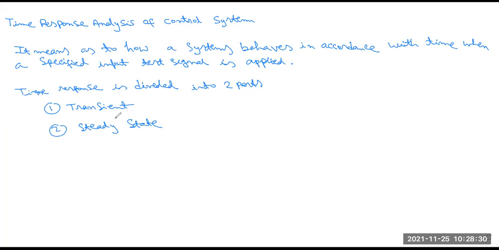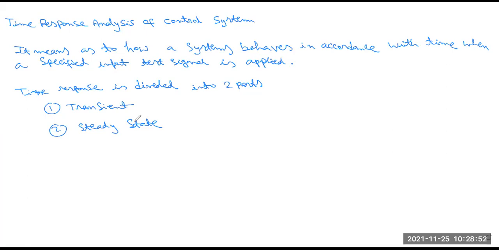In any control system, the transient appears first, and in the post transient part there is the steady state error. So first we start with the transient analysis.